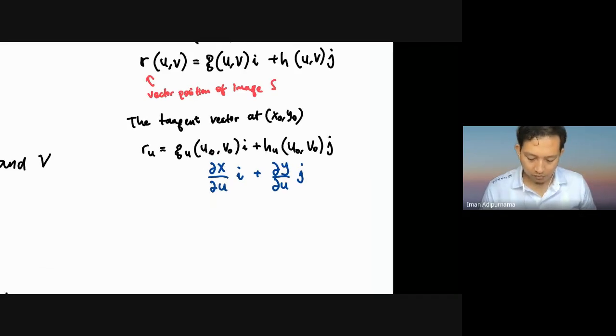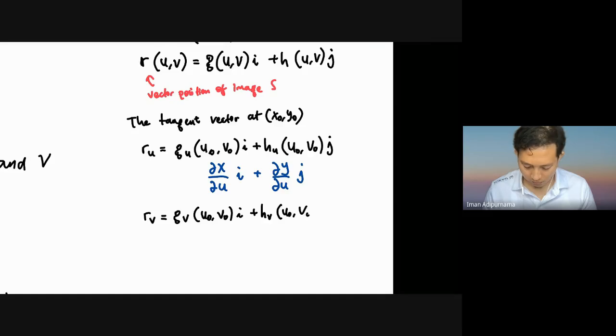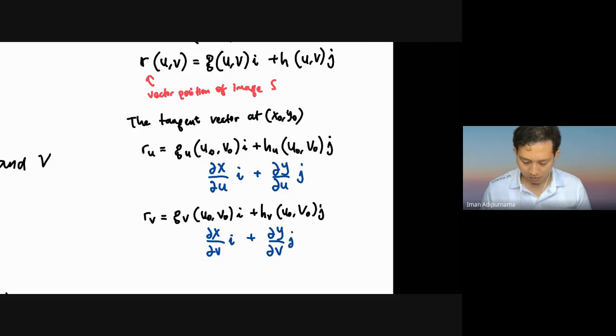And then we can also take the tangent vector with respect to v, and also this is dou x dou v i plus dou y dou v j.